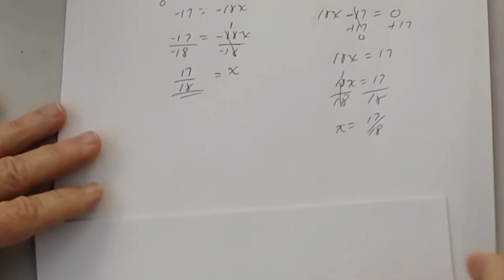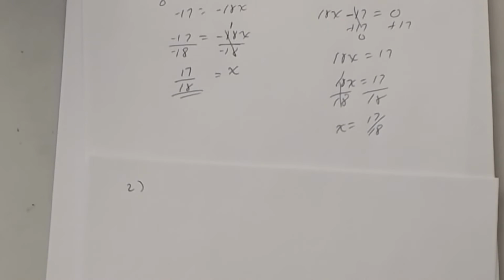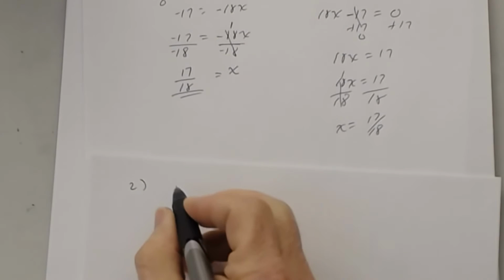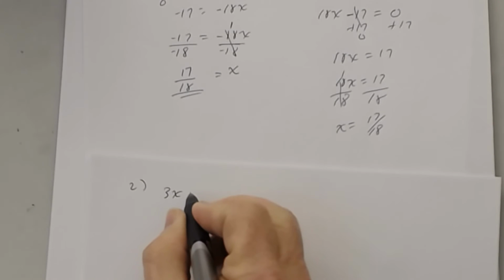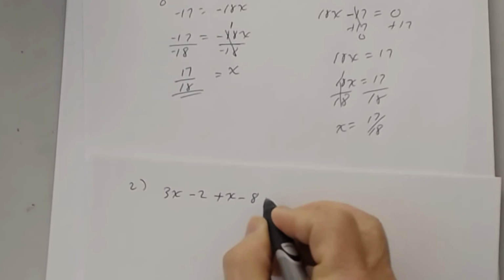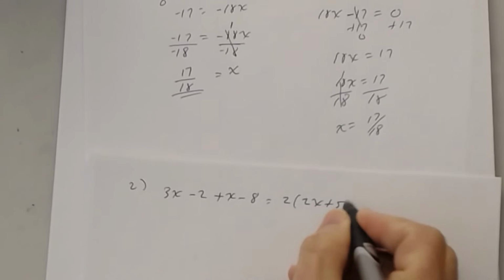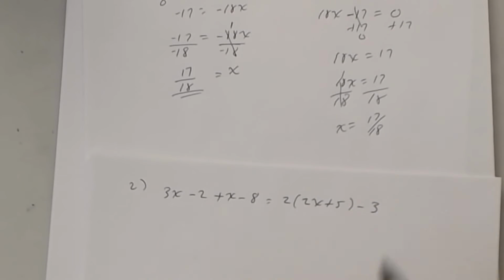So number 2, we have this equation. So we have 3x minus 2 plus x minus 8 equal 2 times 2x plus 5 minus 3.